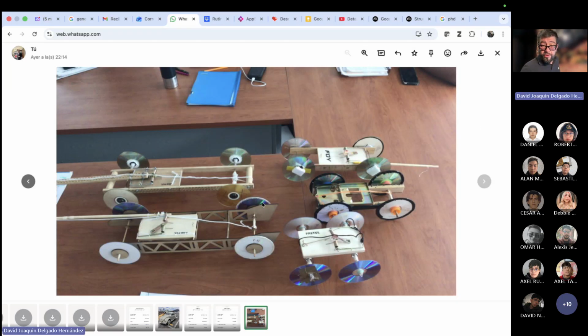These 4 cars were actually made by my students in a previous semester. I think it was in 2024, because I had my sabbatical year, so I didn't give any class during 24B and 25A.